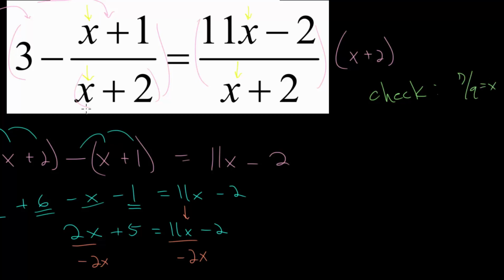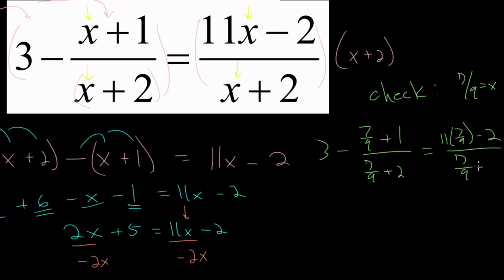Again, we are checking. We think that x is this 7/9. We will plug it in anywhere we see an x, so that we get 3 minus 7/9 plus 1, all divided by 7/9 plus 2. This should be equal to 11 multiplied by 7/9 minus 2 divided by 7/9 plus 2. Like I mentioned, we just need to do a lot of fraction arithmetic.